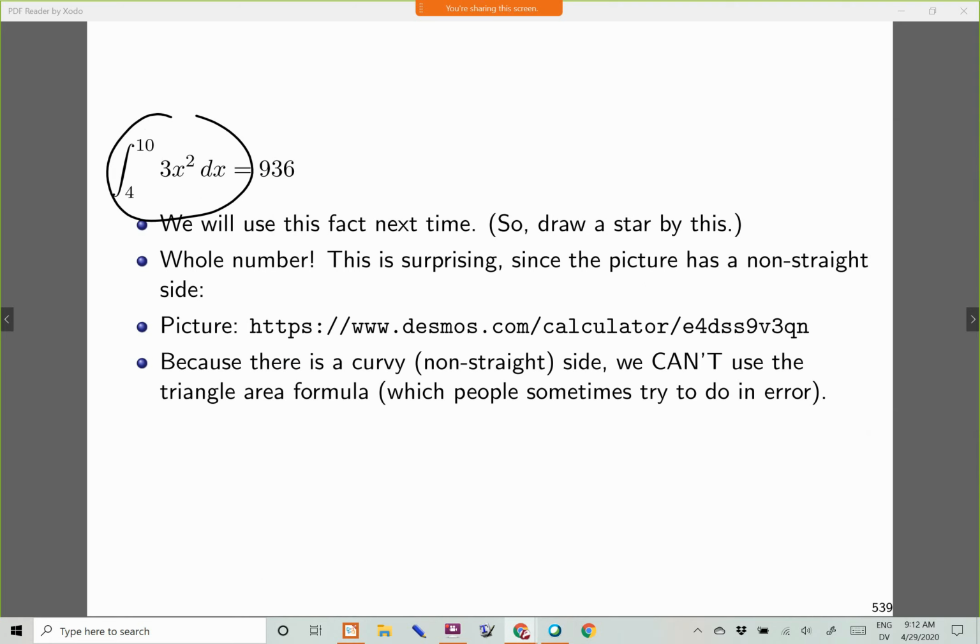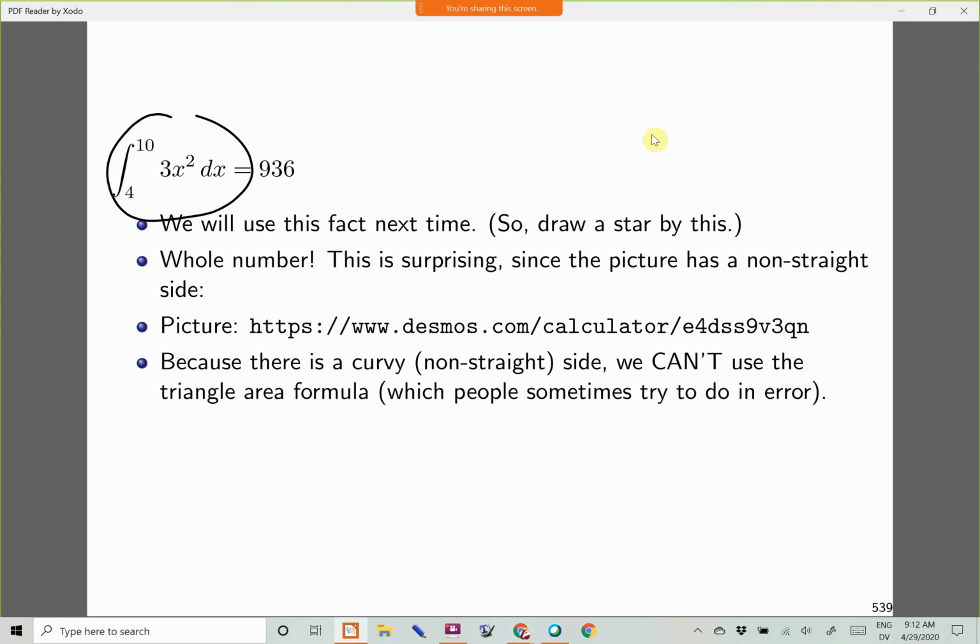Folks, we found an area without using traditional area formulas. We didn't do 1/2 base times height because there's no triangle, we can't. And we didn't do length times width for a rectangle, which is the way we found areas in the past. We didn't use any of those area formulas, but we found an area of a thing that has a curvy side to it. An exact number, 936.